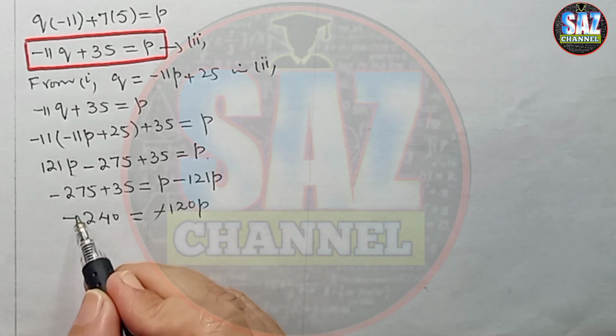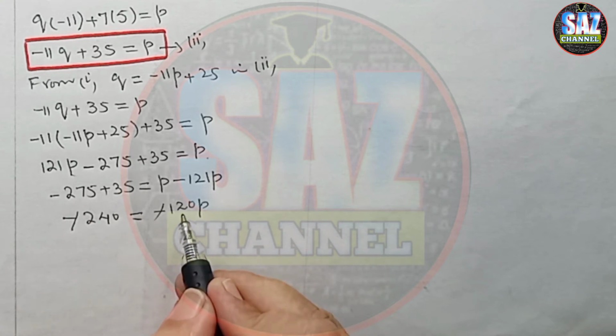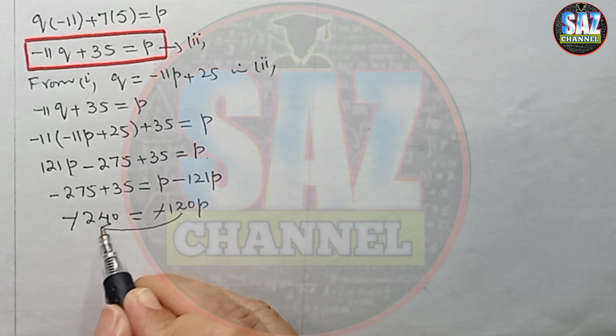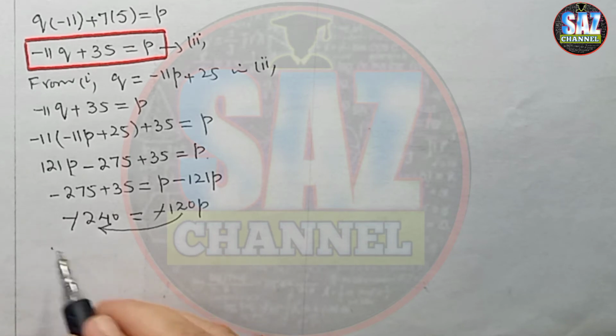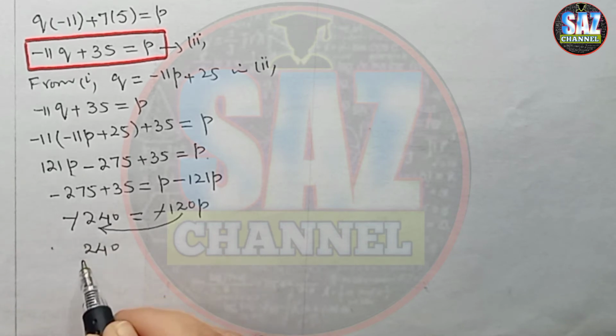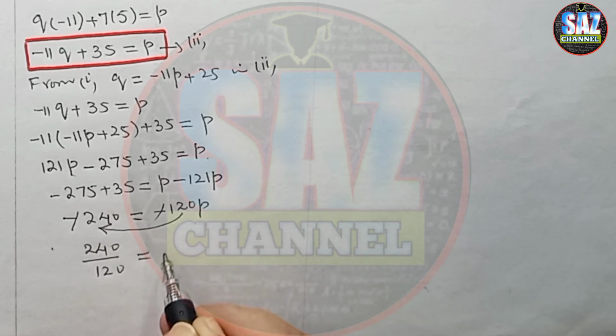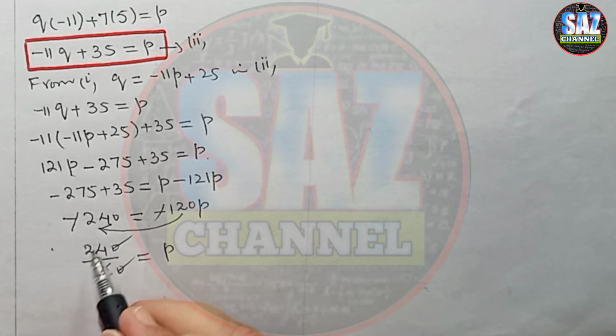Now minus sign can go with minus sign. In order to get the value of p, we have to shift this 120 into the denominator of 240. So 240 by 120 equals p. 0 can go with 0, and 12 ones are 12, twos are 24. So the value of p is 2.